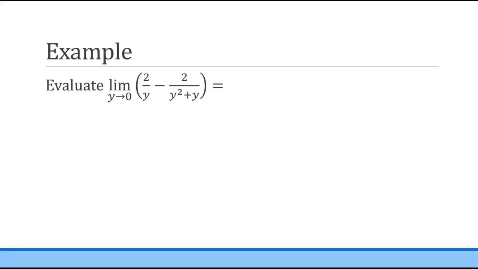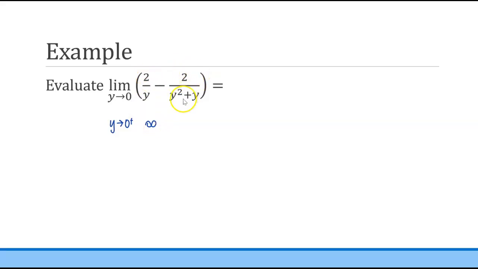If I consider y approaching 0 from the right, and I'm plugging in numbers on the right side of 0, getting closer to 0, like 2 divided by 0.1, 2 divided by 0.01, this quantity is getting bigger. It's going off to infinity. So if I take something small and positive and divide it into 2, it's going to get really big.